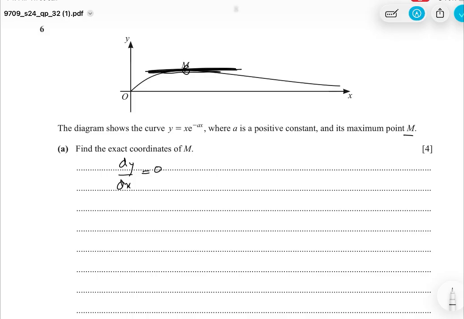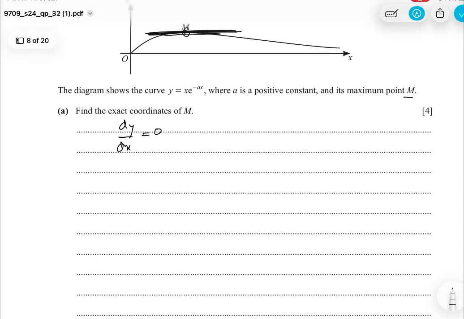So what we will do over here is, first of all, to find the exact coordinates of it, we can differentiate it. Okay, so what we will do here, we will apply product rule. All right, so what is product rule? First differentiate this one. So dy over dx equals to x differentiation would be 1 times e to the power minus ax plus, keep the x same, x times differentiate this one.